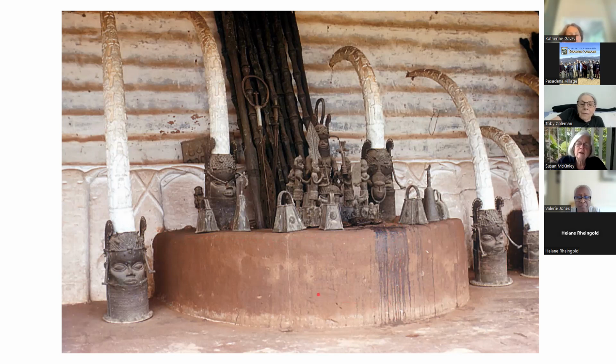Now, this is an altar. It's a royal altar. We bring offerings to an altar. Blood. Yes, it's the blood of a leopard. The only person allowed to kill a leopard is the king.